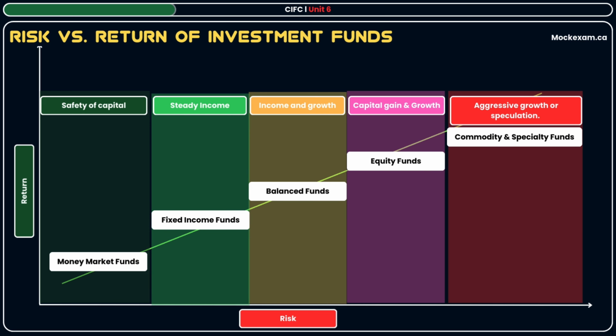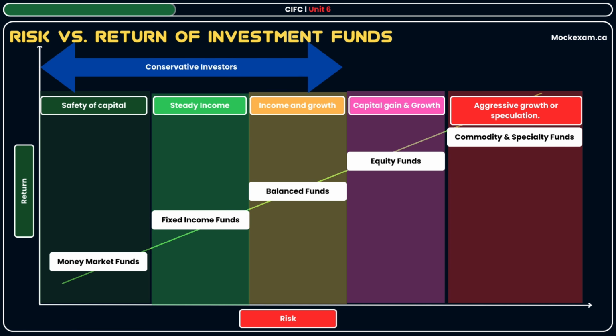Okay, the first three types of mutual funds, I mean money market funds, fixed income funds, and balanced funds, are good for conservative investors. And the last two types of mutual funds, which are equity funds and commodity and specialty funds, are good for growth-oriented investors.